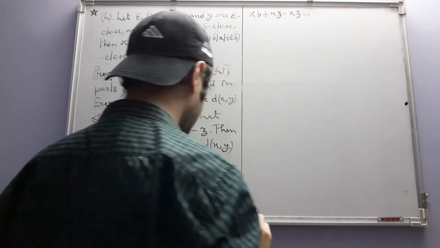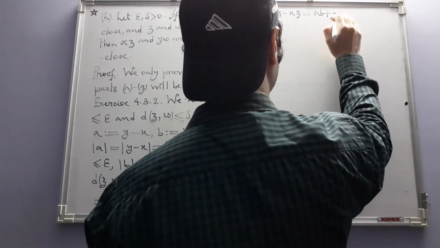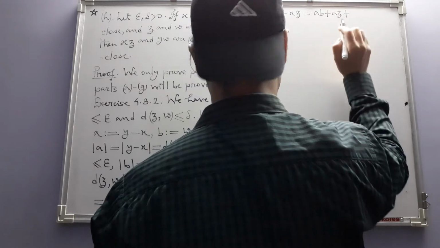After cancelling out the last two terms, we have ab plus az plus xb.